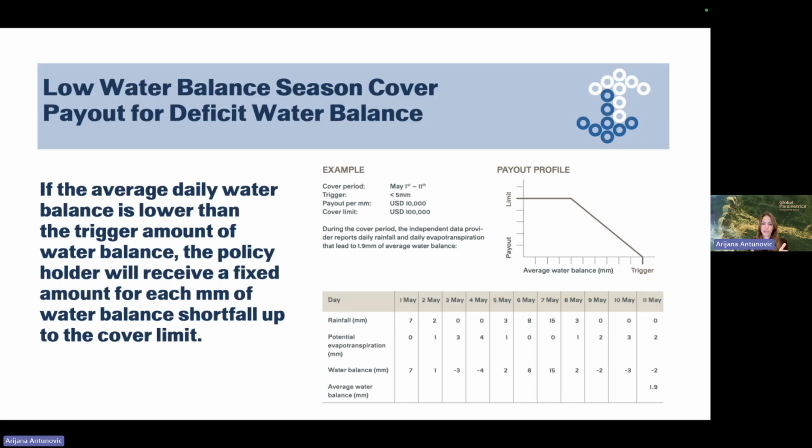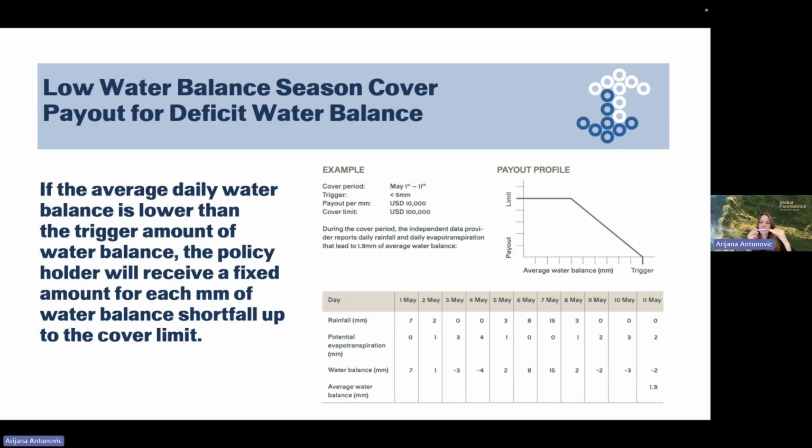When we talk about the water balance index and translate it into insurance terms, when we present the options to you, usually we will do this by introducing return periods. So we might say, okay, this is what the average water balance index is.